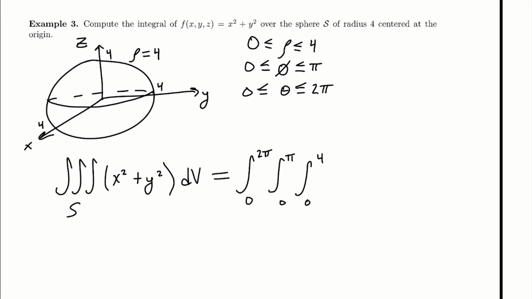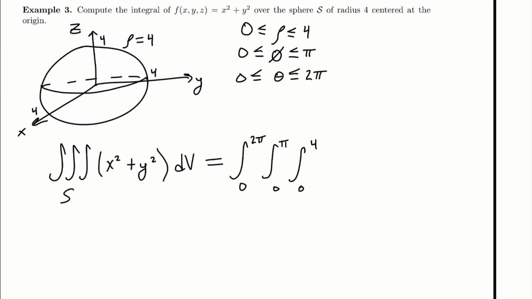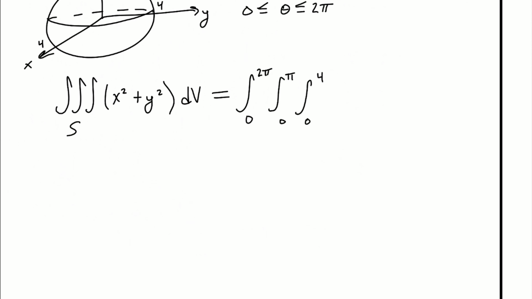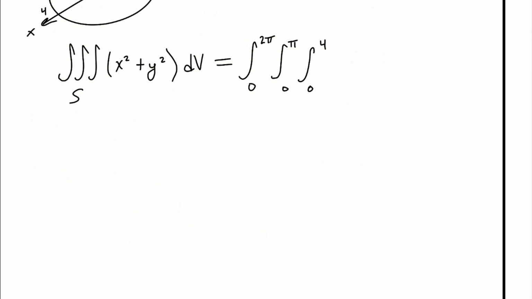So let's do that down here really quickly in red. So x squared is rho squared cosine squared theta sine squared phi. Y squared is rho squared sine squared theta sine squared phi.